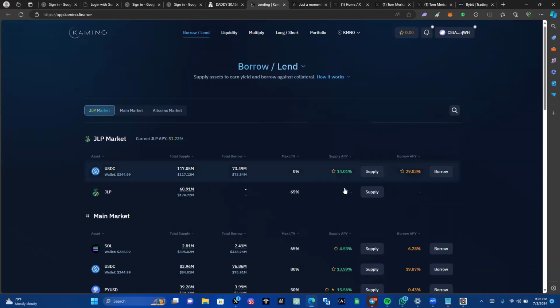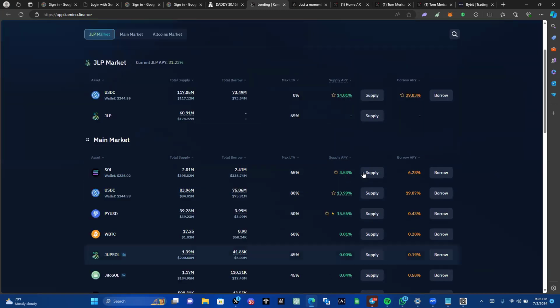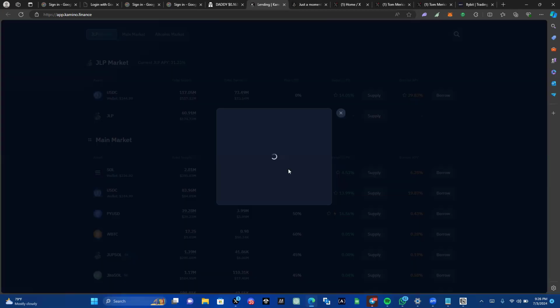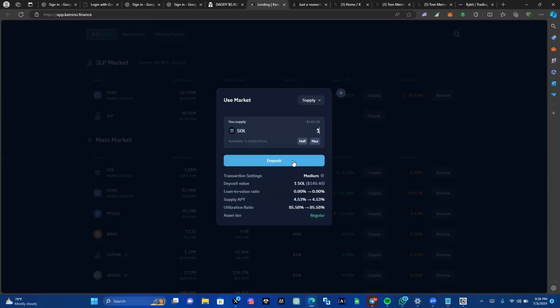If you lend your Solana, you click on supply as lending, you put the amount of Solana you want to lend, then you click on deposit. You have deposited your Solana, then people will start using it to trade.